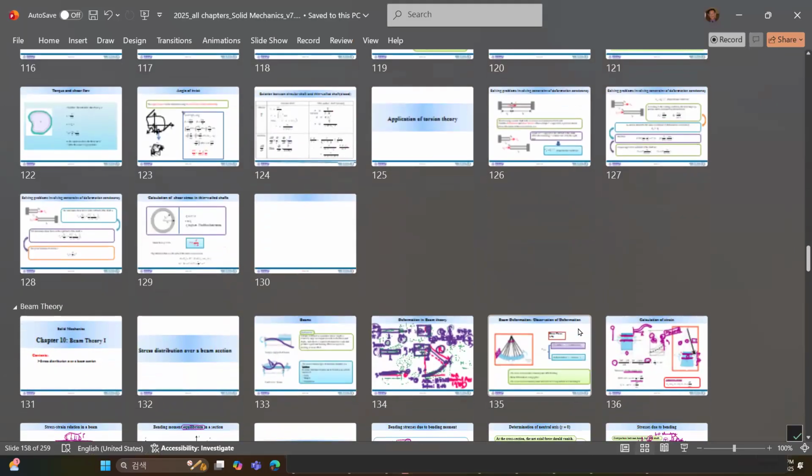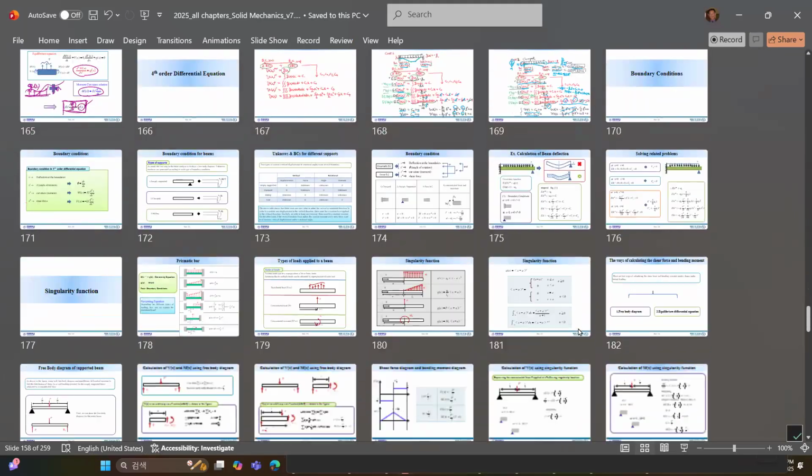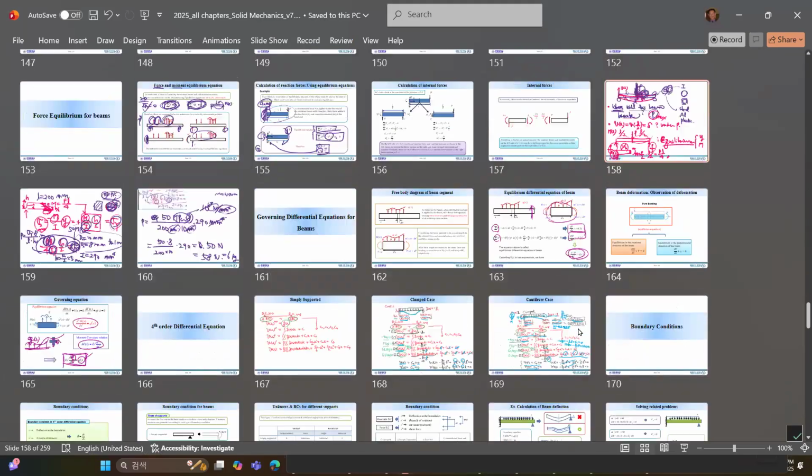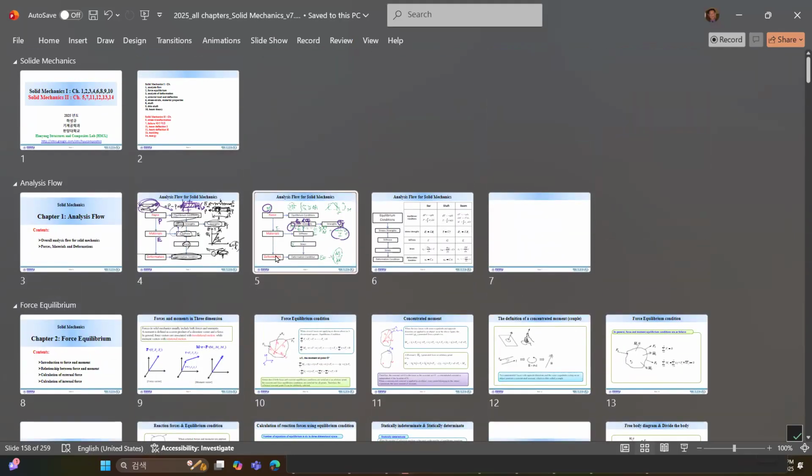Let me get back to our favorite 3+1 flow chart.